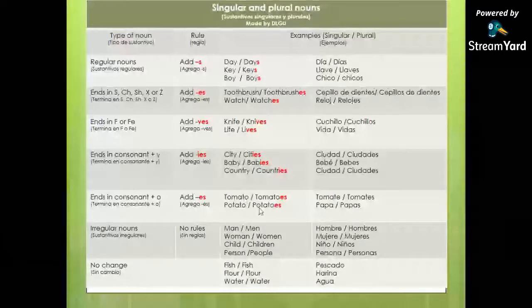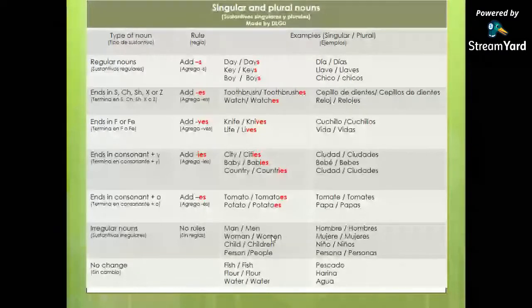Also, there are a lot of irregular nouns that don't have rules. For example, if we are talking about just one man, we use man. But if we are talking about two men, the plural for man is men. The same for woman. We use woman for one woman, but if you are talking about two or more, we use women.